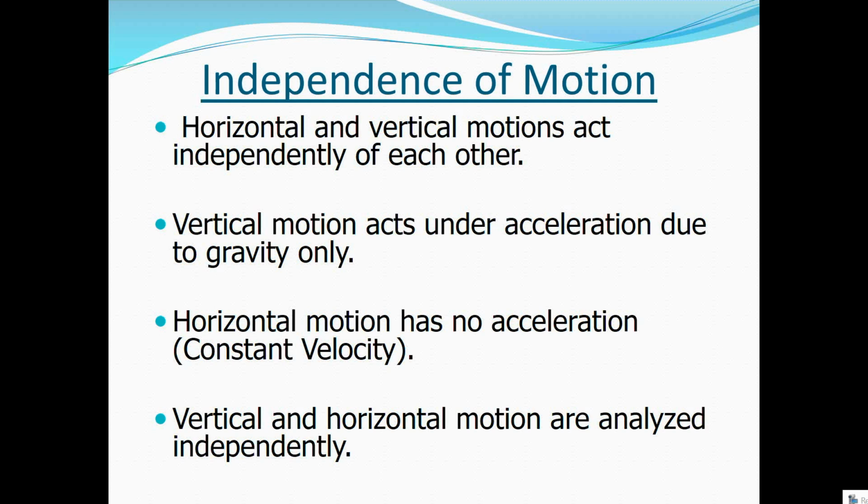The vertical motion has acceleration that's acting only under gravity, that's 9.8 meters per second squared, while horizontally there is no acceleration, so there will always be a constant velocity in that direction. Now the two motions can be related to each other through time. So typically we look at vertical motion, we look at horizontal motion, and we bring them together based on how long it takes them to get to their respective positions.